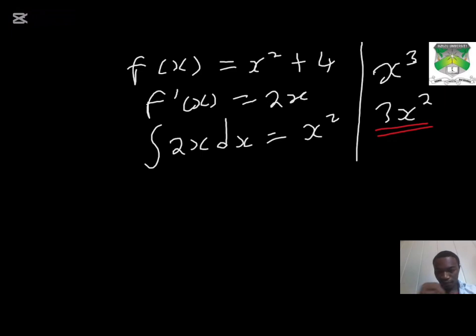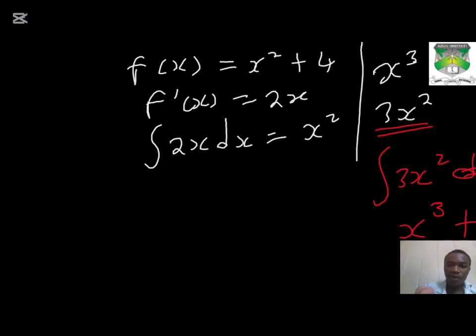Then when we integrate 3x squared with respect to x, it gives us x to the power 3 plus a certain constant. And we can see a certain pattern here.